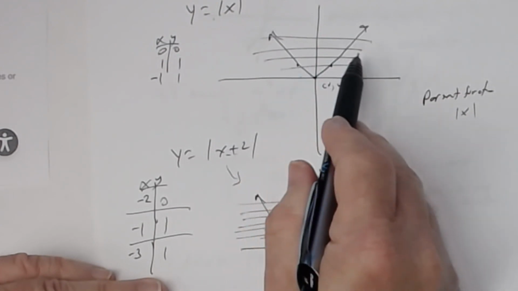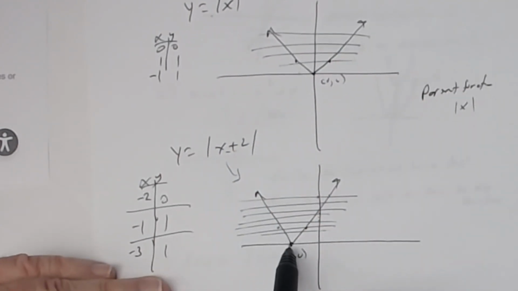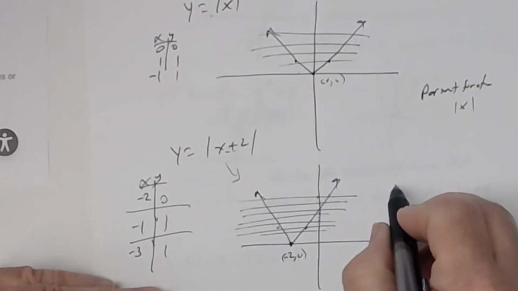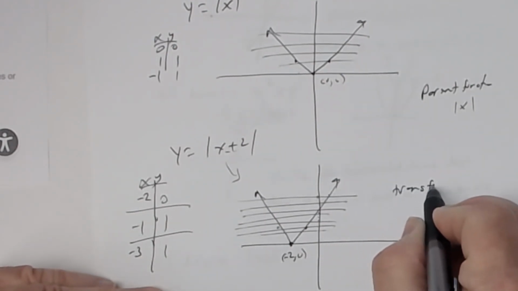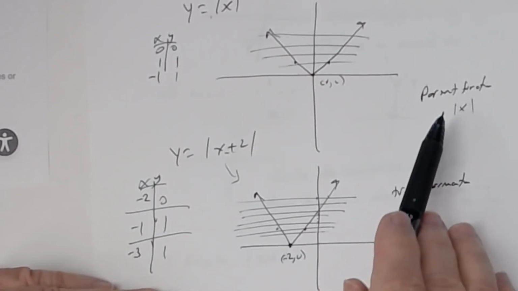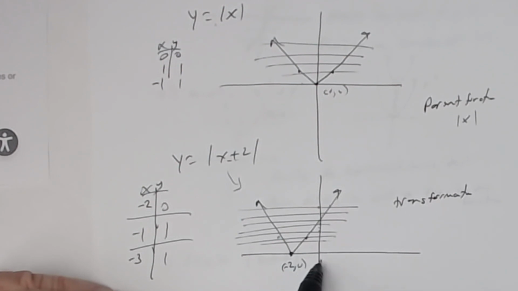All these points here were shifted to the left 2 units. And so notice that's the graph that you see here. Now many students will attempt to graph these by using a t-table, but you can also graph these by thinking about transformations. That's basically where you take a parent function and then you look to see what's happening to think about whether you move up, down, right, left.